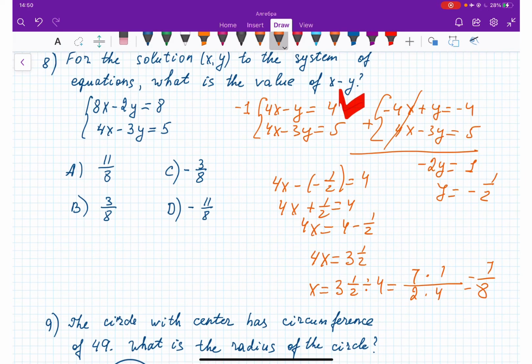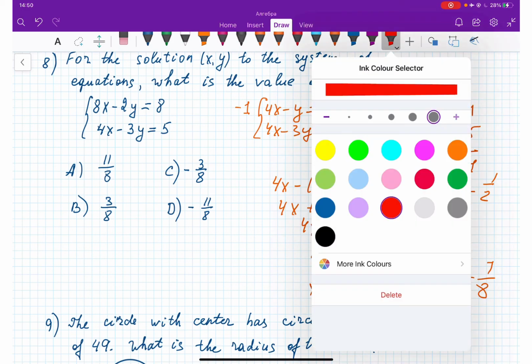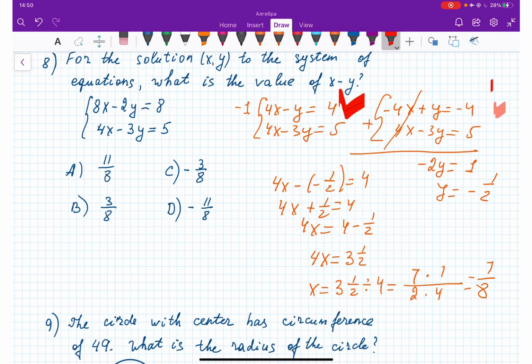Let me go one more time. Negative 4x plus y equals -4. Okay, x is gone, and I'm checking this one. y and -3y is -2y, -4 plus 5 is 1, and y is equal to -1 over 2.